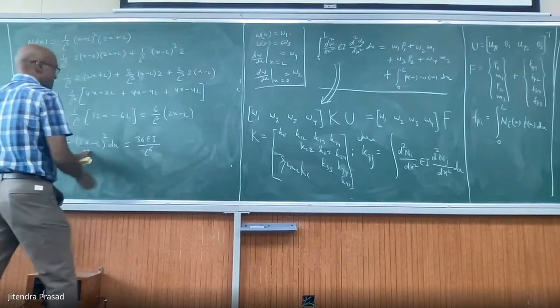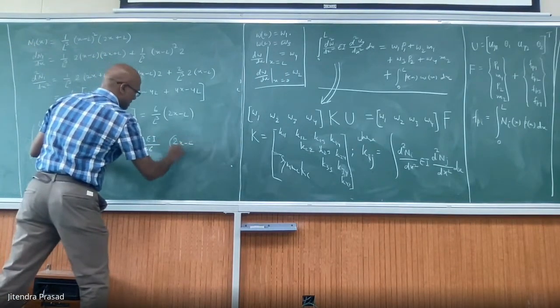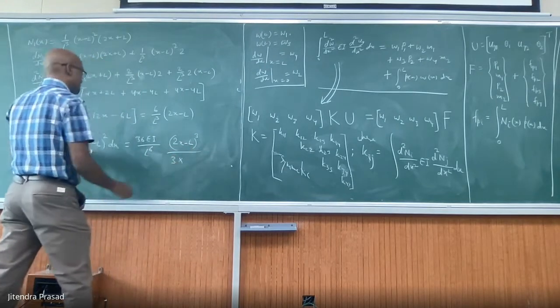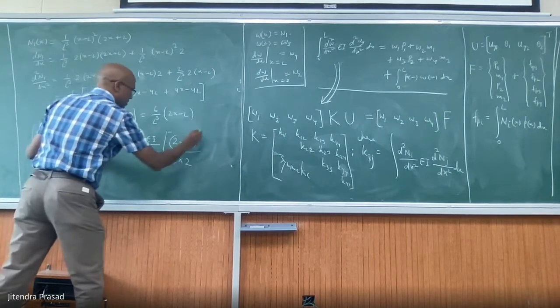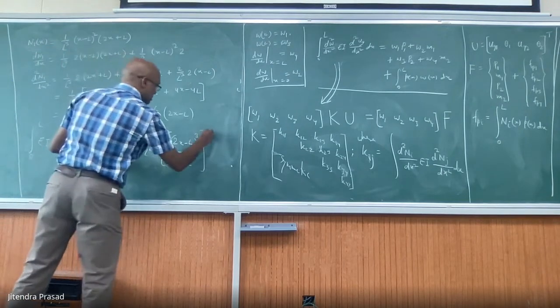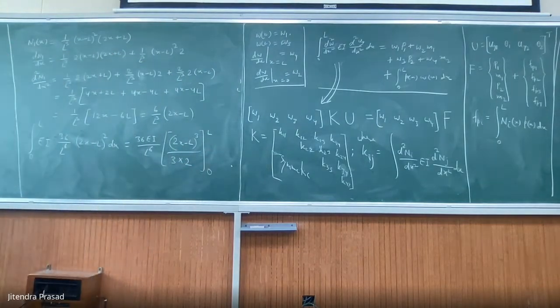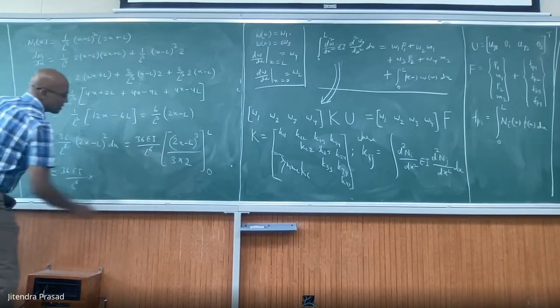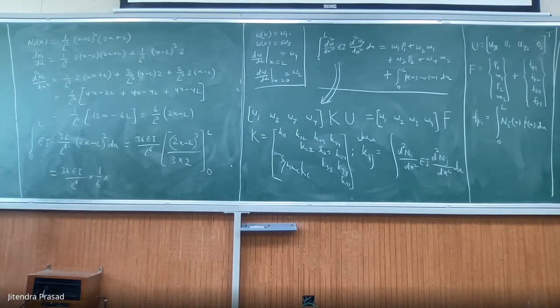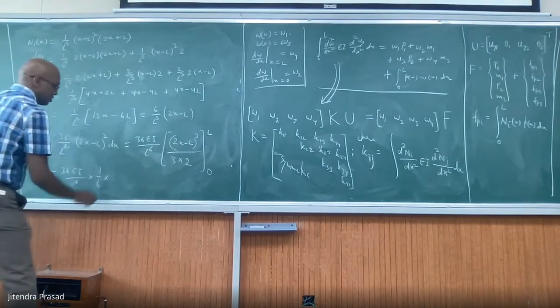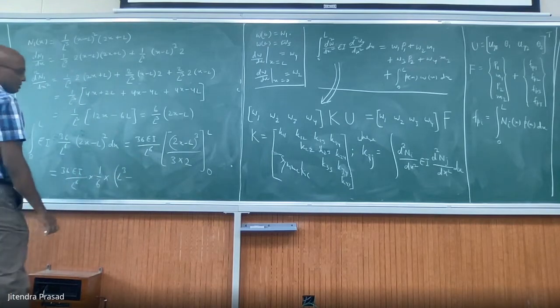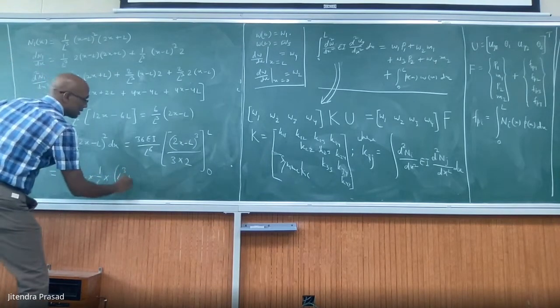Then you have (2x minus L) cube divided by 3 divided by 2, from 0 to L. So 36 EI over L6 multiplied by 1 over 6 multiplied by (2x minus L) cube, so L cube minus minus L cube becomes plus L cube.